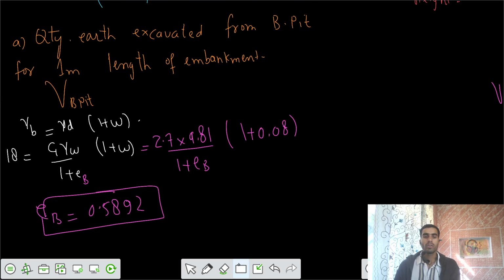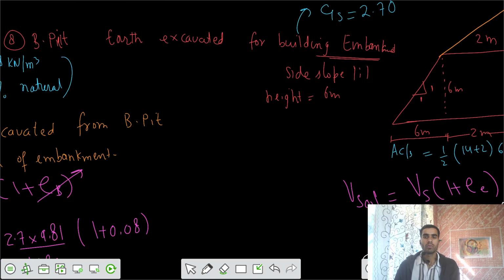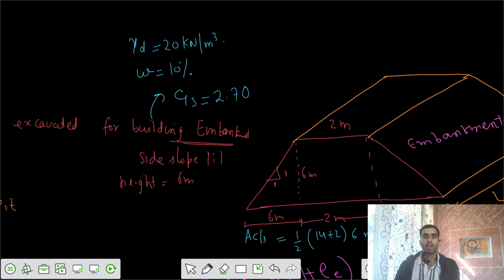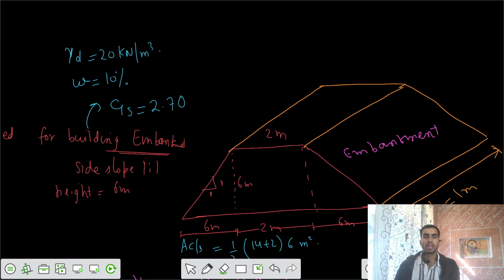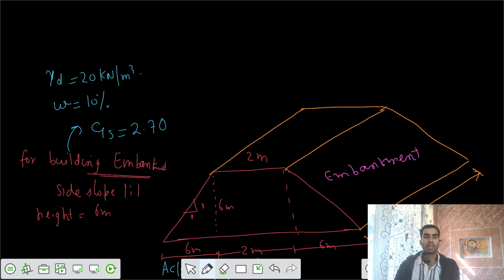Now we have to get the volume of the borrow pit, and for that we have the equation: volume of solids into 1 plus e borrow pit. So we got the value of e borrow pit. Now we need to get the volume of solids. For that we have to come back to the embankment side and calculate what should be the volume of solids required.